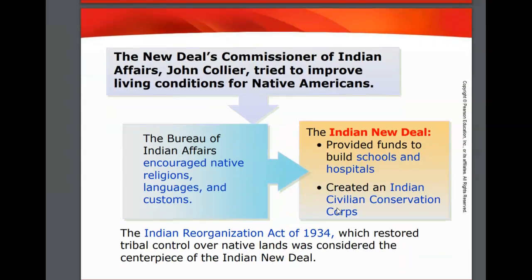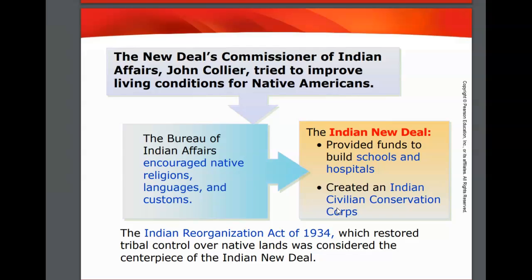Okay, another group, so that takes care of two groups of people that were affected, largely women, and then African Americans. A third group that was largely affected by the New Deal were American Indians. In attempting to improve the lives of American Indians, the Roosevelt administration made some major changes to long-standing policies.